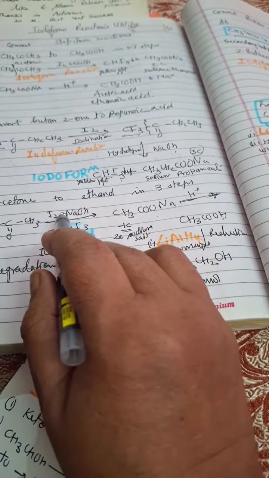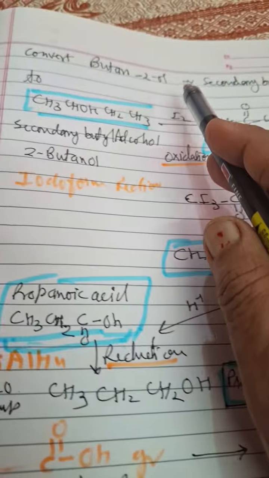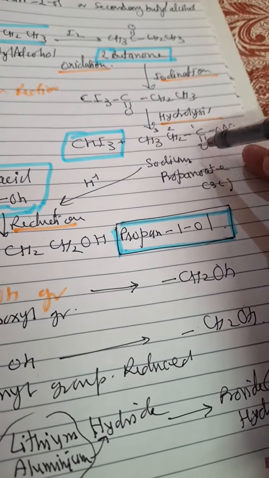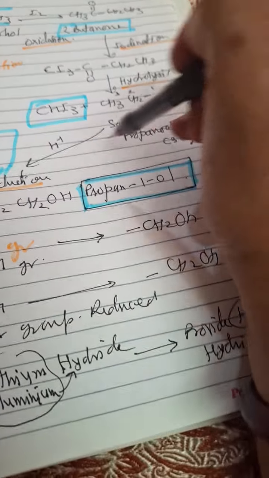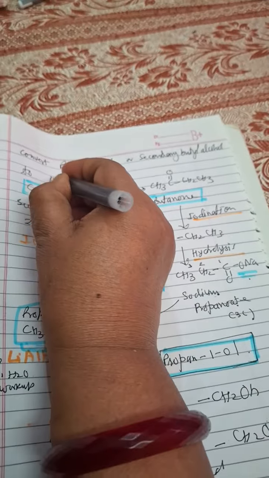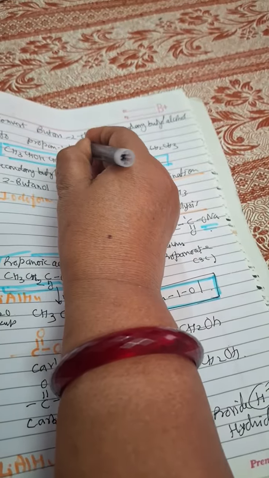If we consider this as one step, it will occur over here. Now see here, convert butanone to propanol, in which I have converted it into sodium propionate, so this is propanol.